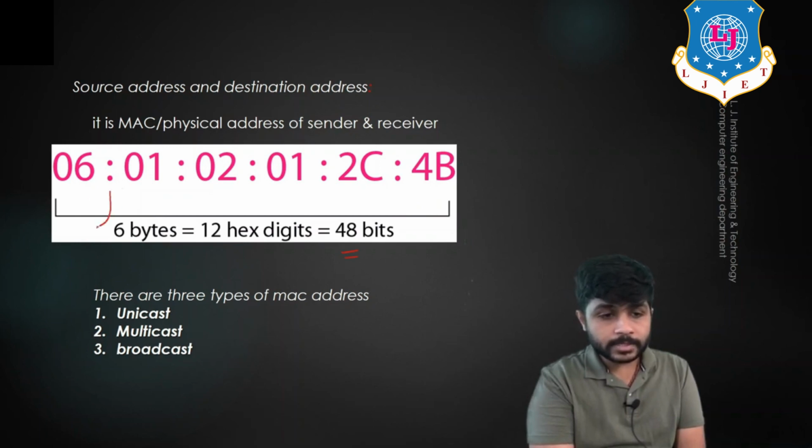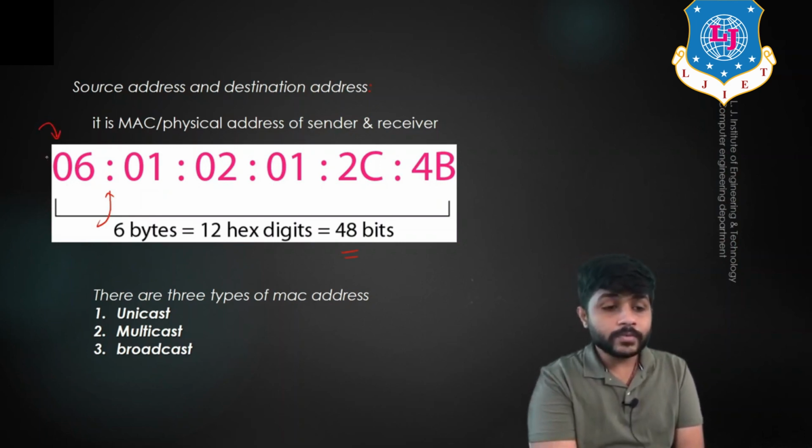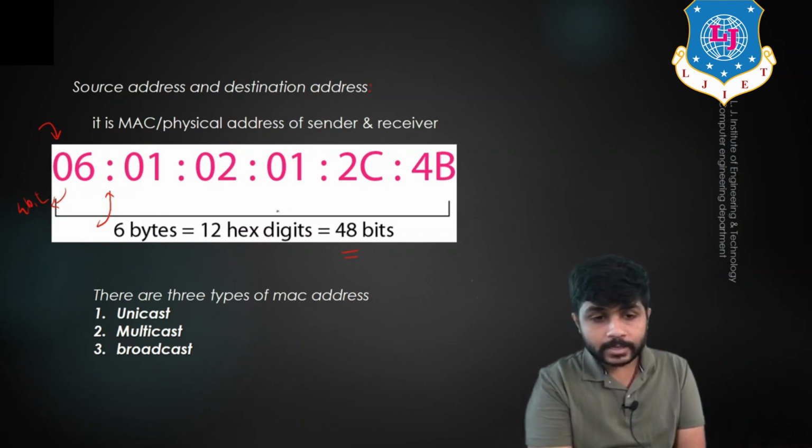Colon hexadecimal means that each number is separated by a colon and each number is represented in hexadecimal. In hexadecimal, if we convert 1 digit into binary, we will get 4 bits. So you can see that there are a total of 12 hex digits, and 12 into 4 means 48 bits, which is the length of the MAC address.